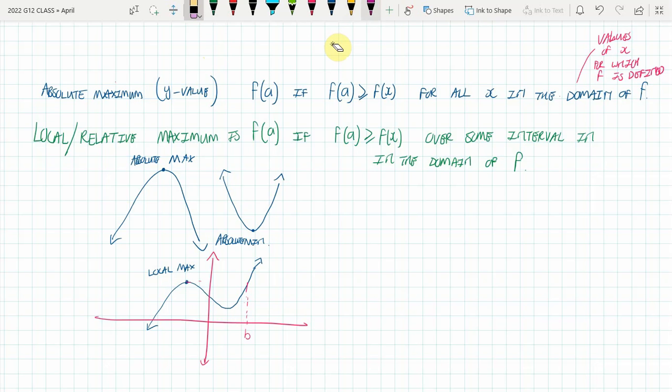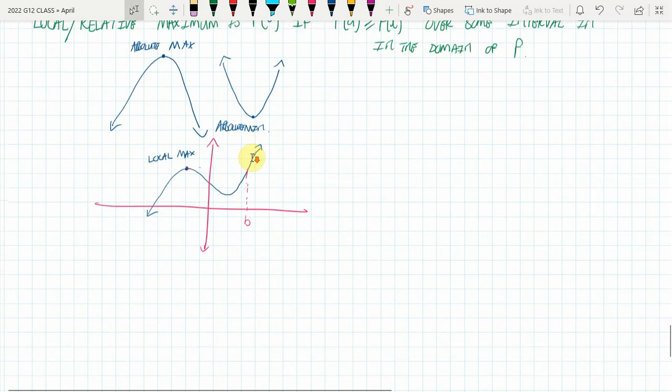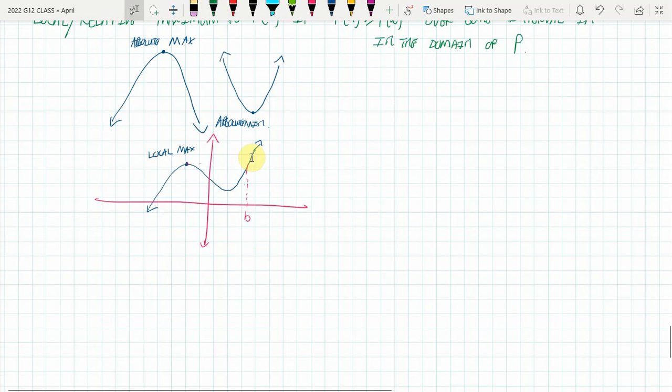The same comparison can be made with regard to the minimum values. Remember the maximum and the minimum. As a collective, we call them extreme points.